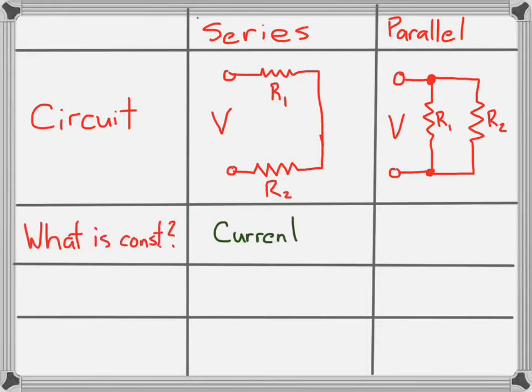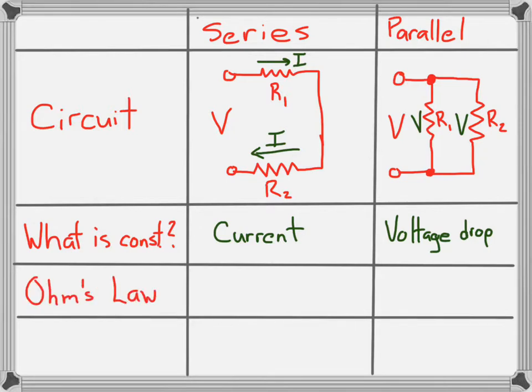What remains constant in a series circuit? It is the current that remains constant through both resistors. Whereas in parallel, it is the voltage drop that remains constant between the two resistors. We can write Ohm's law for both of these circuits. So V equals IR1 plus IR2.